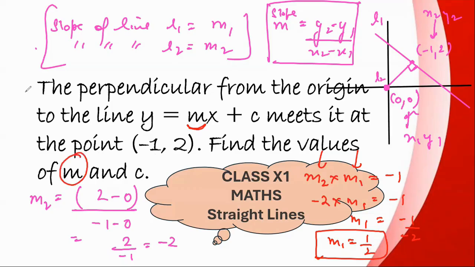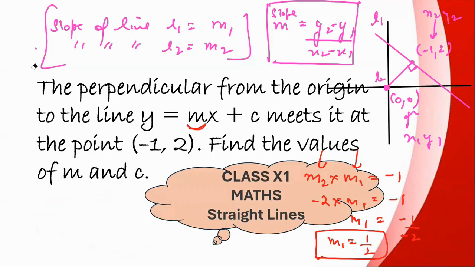Now let's work out the value of c. We know that (-1, 2) is a point on line L1, so we can directly put it in y = mx + c. Whenever we have a point on the line and the equation of the line, we can put that point in, because (-1, 2) lies on line L1, and we also have the value of m for line L1.